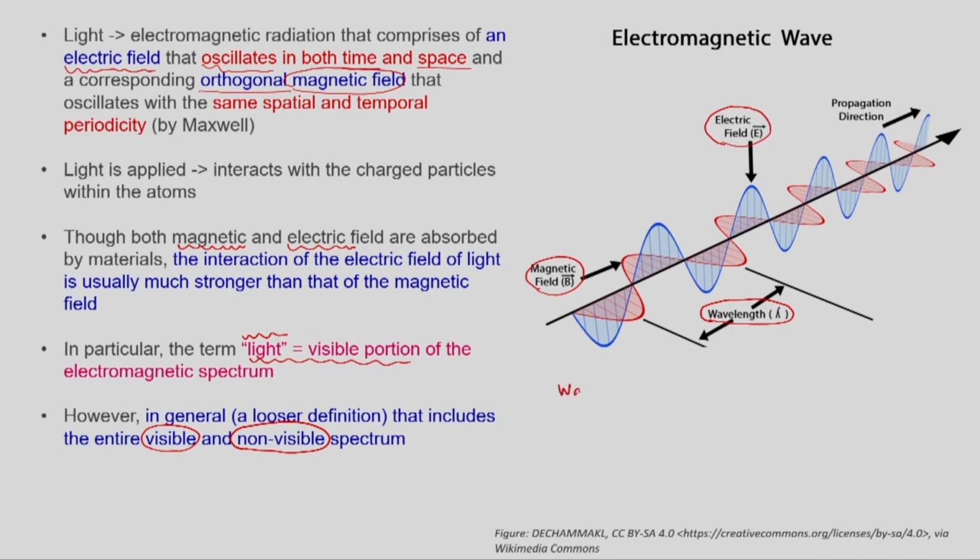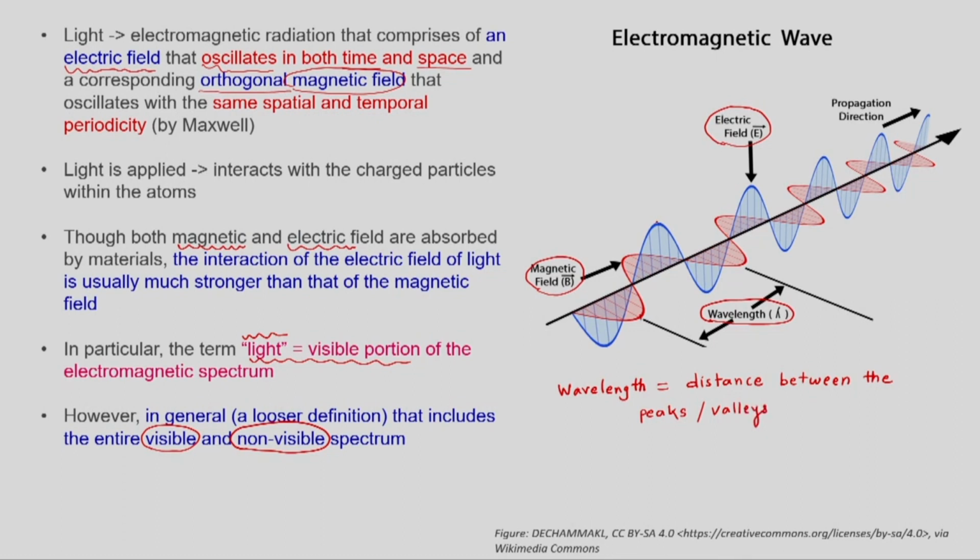The wavelength is defined as the distance between the peaks or the valleys.